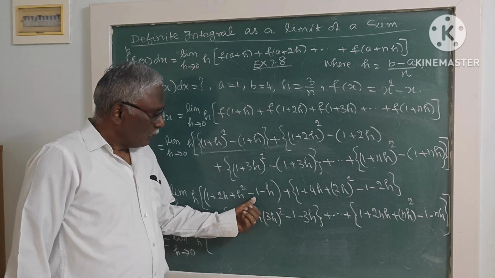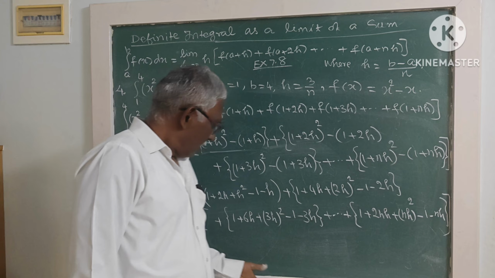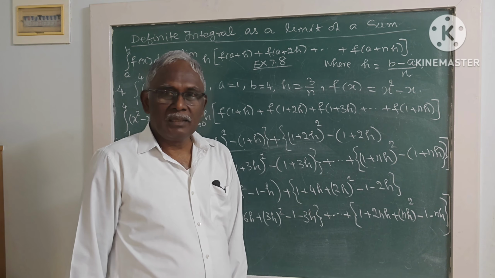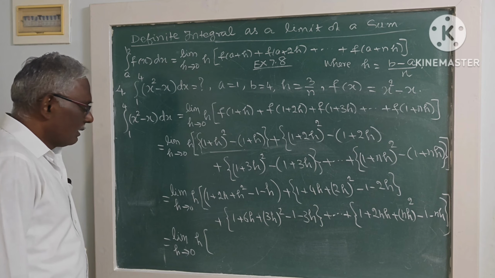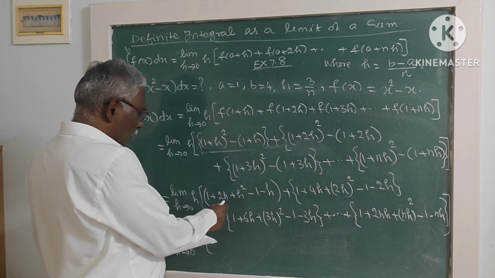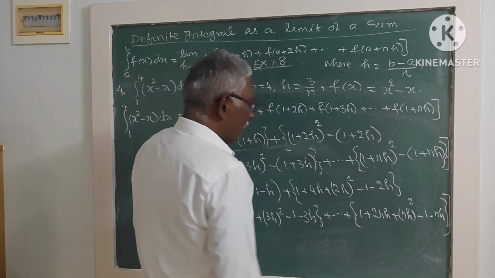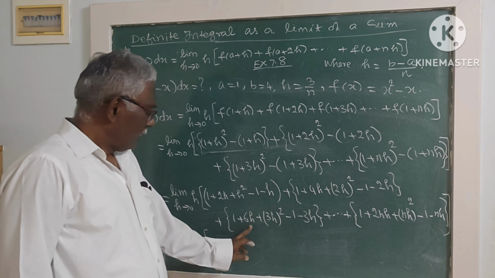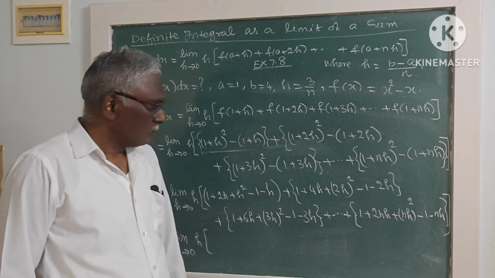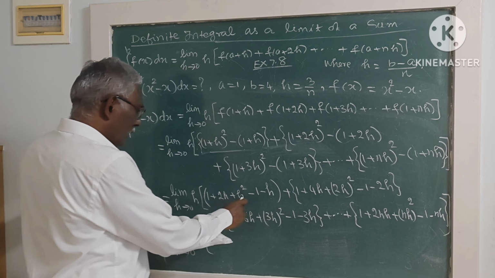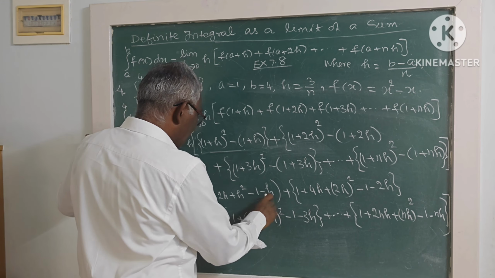So 1 minus 1, 1 minus 1, 1 minus 1 is there, so that it gets cancelled. Then 2h minus h, then 4h minus 2h, 6h minus 3h. So we will take this.